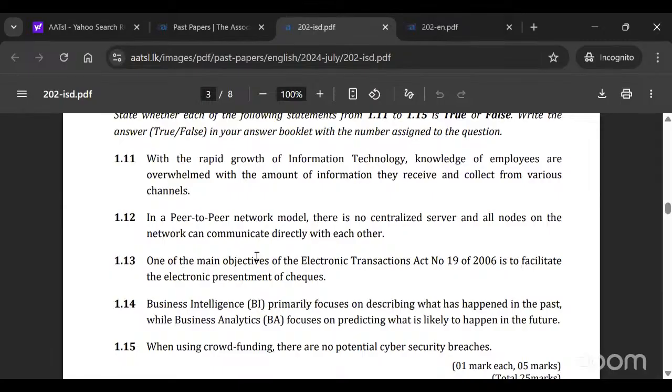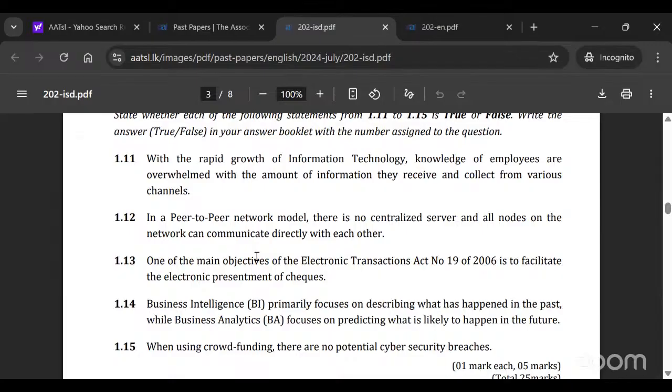This is not right. This is online settlement. The Electronic Transaction Act is not providing any clauses or conditions regarding checks.